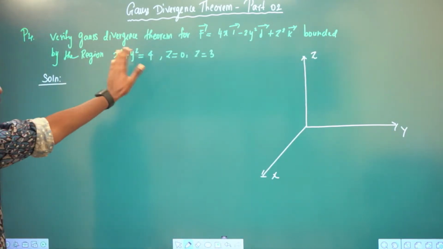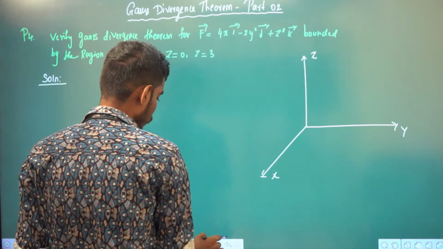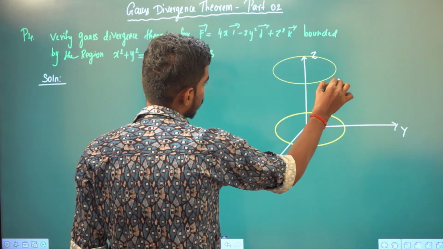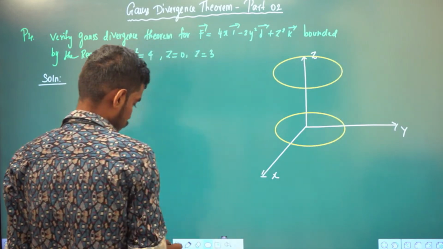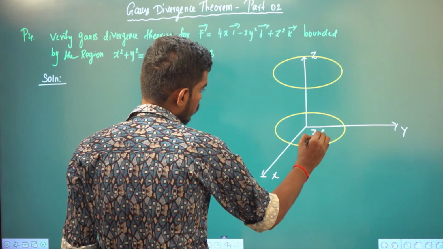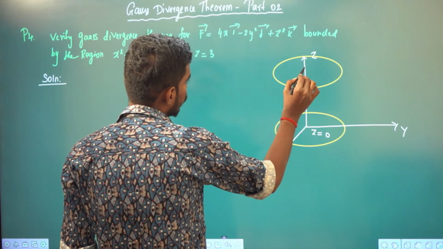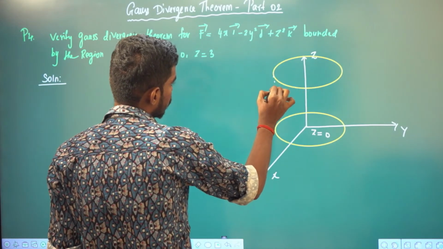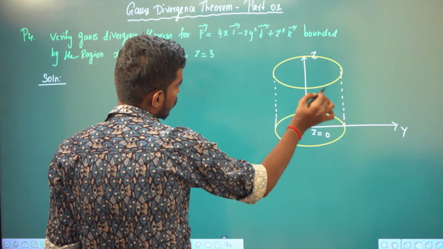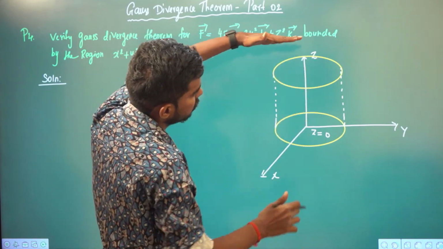We have x square plus y square is equal to 4, and it is bounded by z is equal to 0 and z is equal to 4. So this upper part is z is equal to 4.